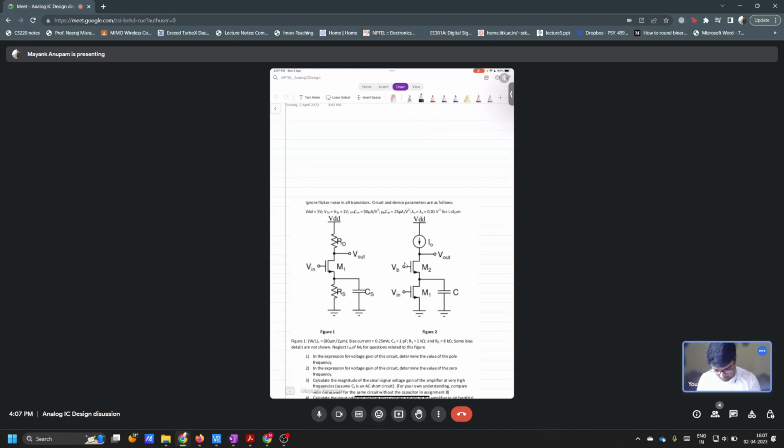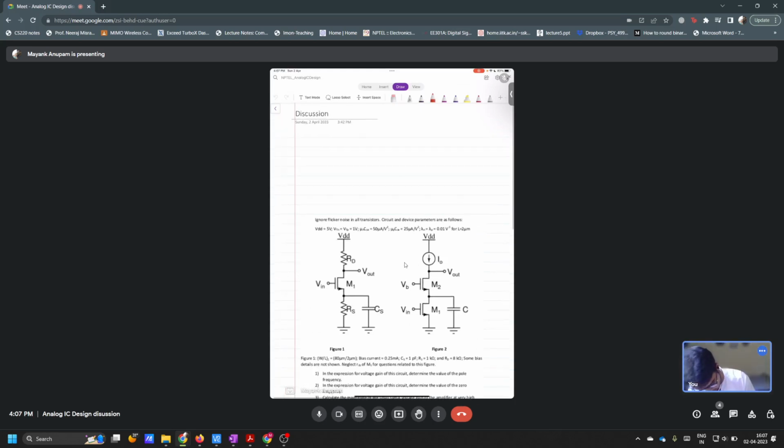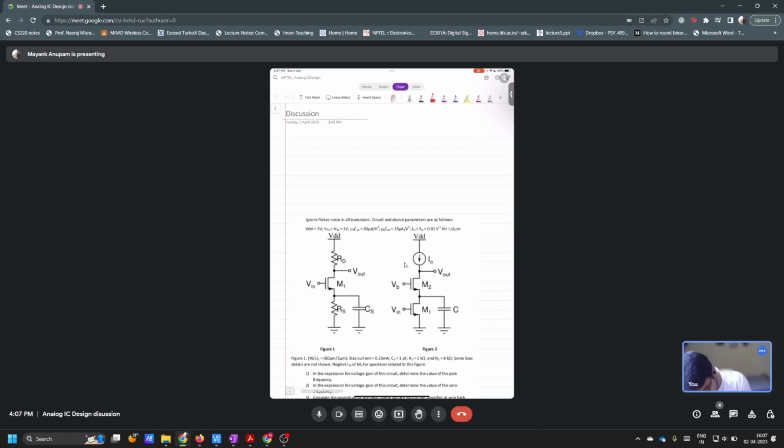So as always, introductions. This NPTEL course is Analog IC Design, and it's taught by instructor Dr. Shankaran Aniruddhan from IIT Madras.